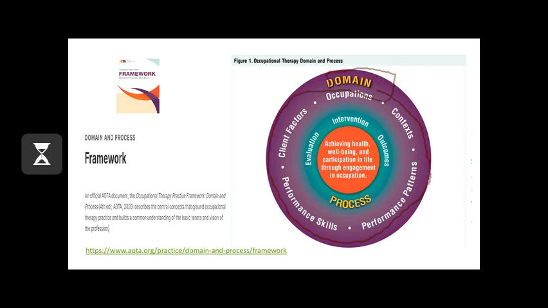So through evaluation, through intervention, and we are always looking for outcomes. So, what is it we do as occupational therapy practitioners? Here is the heart. We achieve health, well being, and participation in life through engagement in occupation.